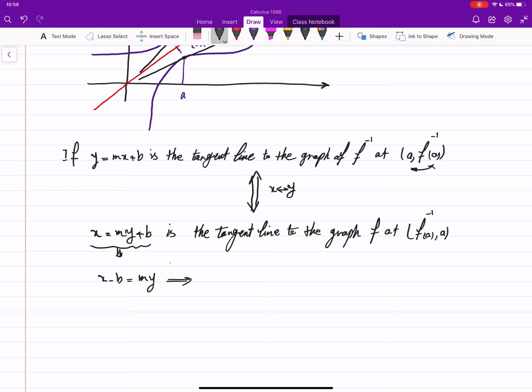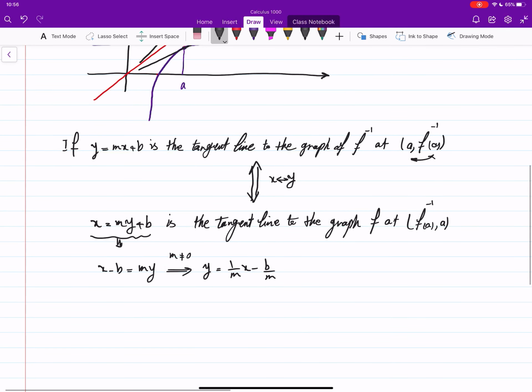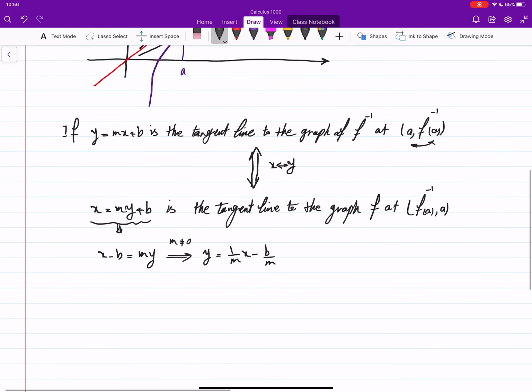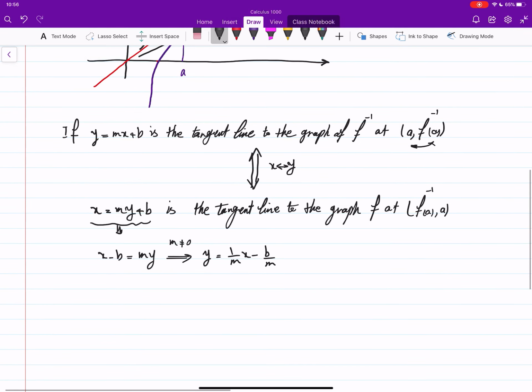And then if m is non-zero, I can say that y equals (1 over m)x minus b over m. And again, we are assuming that the slope of the tangent line is non-zero. Okay, very nice.